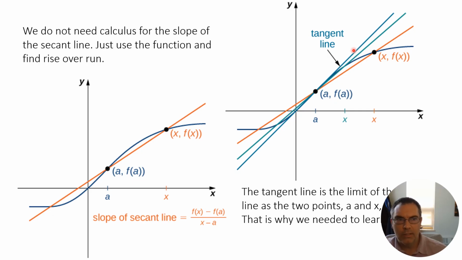And that is why we needed to learn about limits before we could get to derivatives. The derivative is going to be this tangent line slope, and it's going to represent the limit of the secant line as the 2 points become closer and closer together. And so that's what we're going to do next.